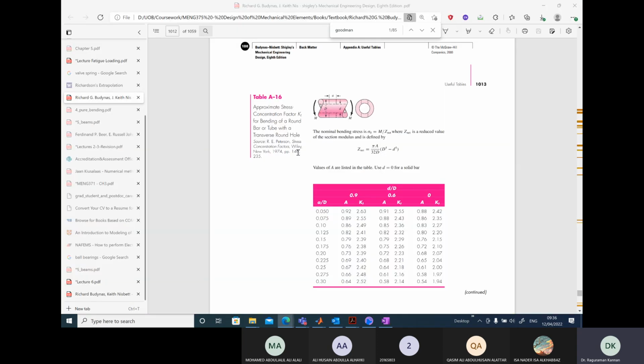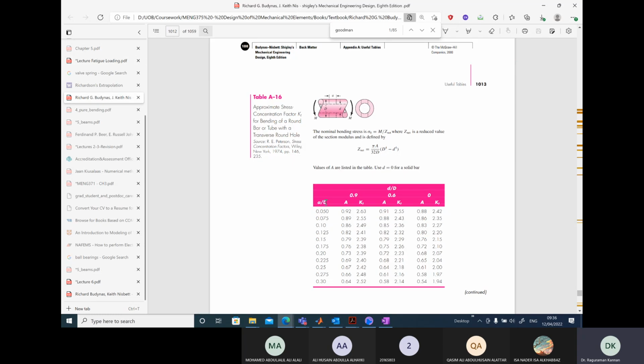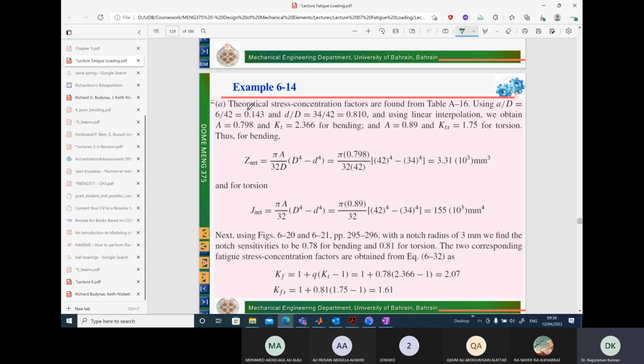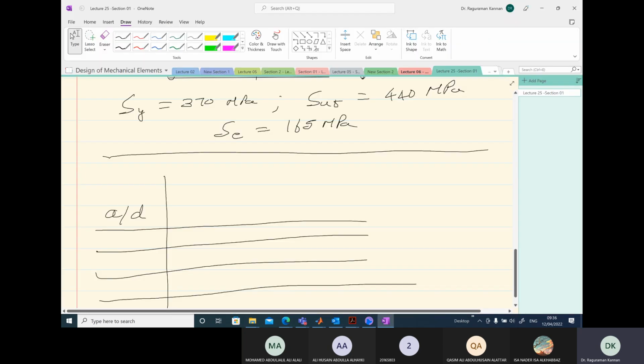And what is the A over D ratio for our problem? You take it 6 over 42. 6 is the diameter, outer diameter 42, capital D, 0.143. Again, you can see A over capital D. Okay, 0.143. I'm going to write that right in the center. So this is the value we are required, for which we need to calculate them.